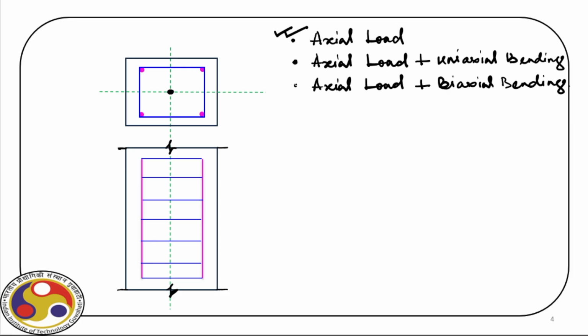So for this problem statement, we have a column which is a compression member and it carries an axial load of P. Again, it is made of RCC, that means we have concrete and steel. If you recall, what are the design steps? First, we need to fix the L effective.